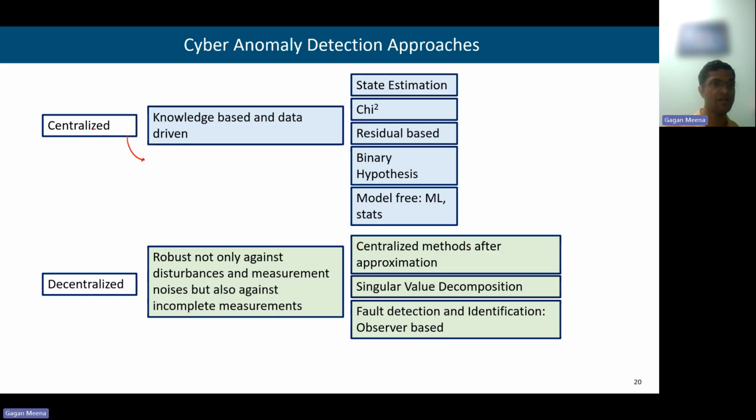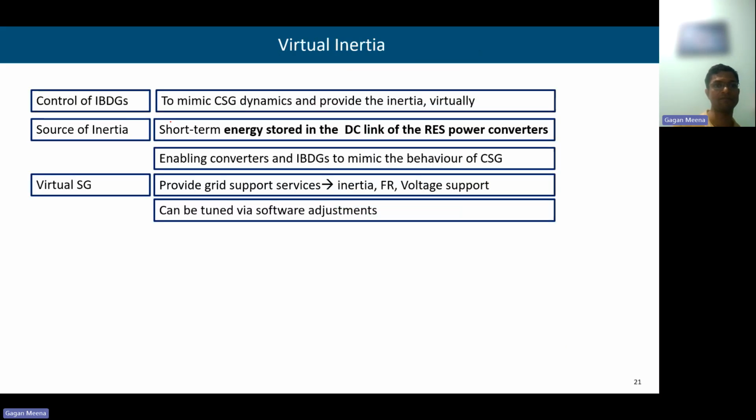Centralized is robust only against disturbances and measurement noises, whereas decentralized is also immune to incomplete measurement. Centralized methods after approximation is an example of decentralized. Another example is singular value decomposition. And the last one is fault detection and identification, which can be observer based also.